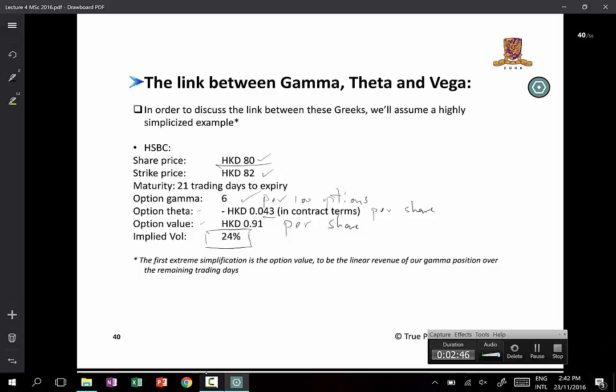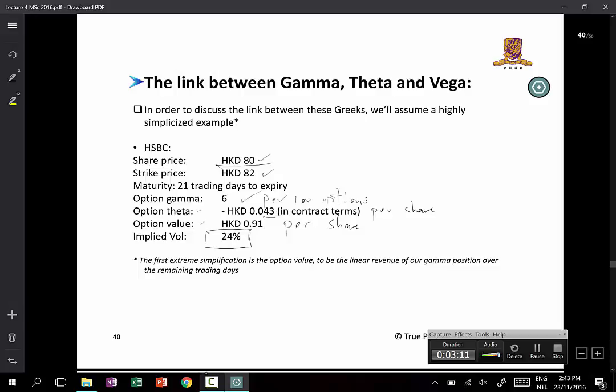It is saying that as far as the market is concerned, in the next 20 days or so, there is a 1 standard deviation chance of a 24% movement, at least on an annualized basis.